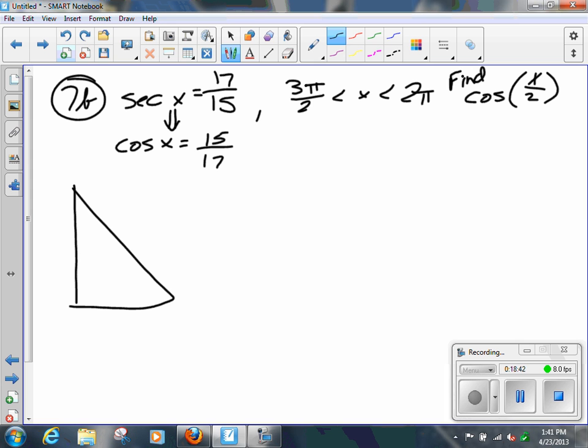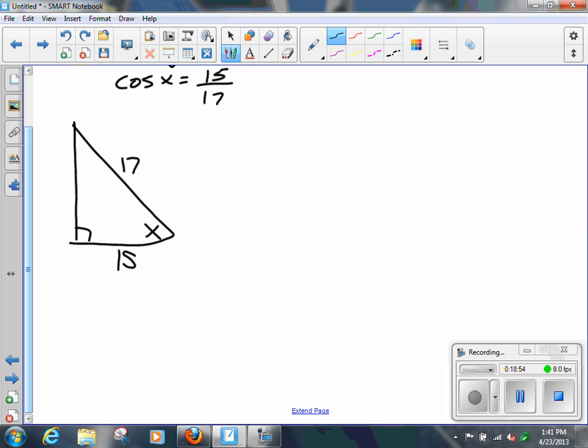Here we go. So here's my x. Cosine is adjacent over hypotenuse. What's that other side? It's 8. If you don't recognize that this is a triple, then do the Pythagorean theorem and solve to get 8.